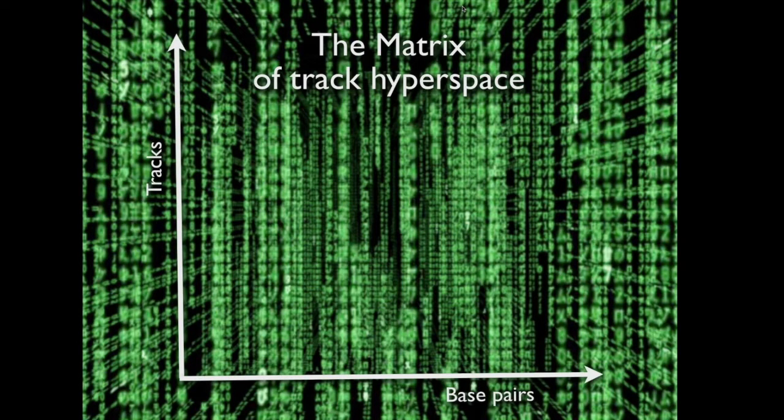Then you can add different kinds of tracks here, and this is the typical genome browser view. But there are also many different dimensions here, for instance different types of experiments, different cell types, different genomes. For all of these dimensions, you will need some metadata in order to locate and combine tracks in the hyperspace.